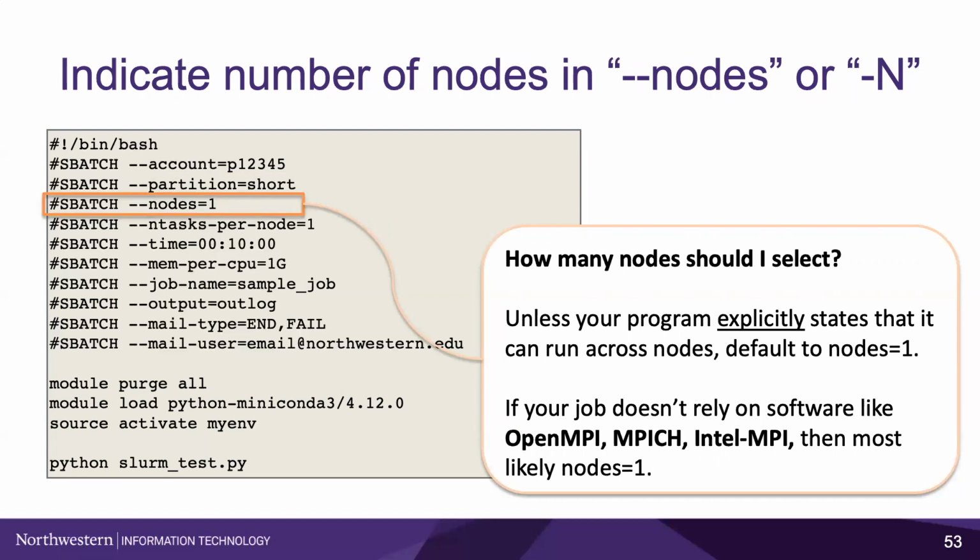I want to emphasize here that unless your program explicitly states that it can run across multiple nodes, you should always default to nodes equals 1. And a good rule of thumb is that if your job doesn't rely on software like OpenMPI, MPICH, or Intel MPI, then most likely you should always say nodes equals 1.